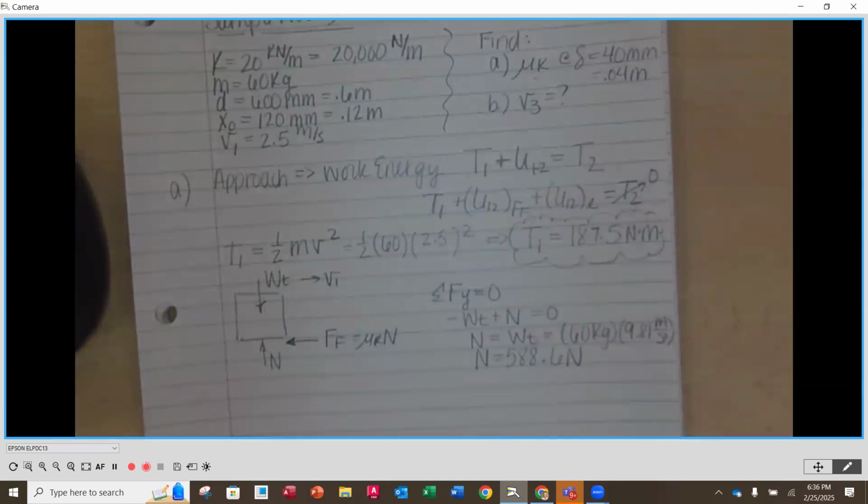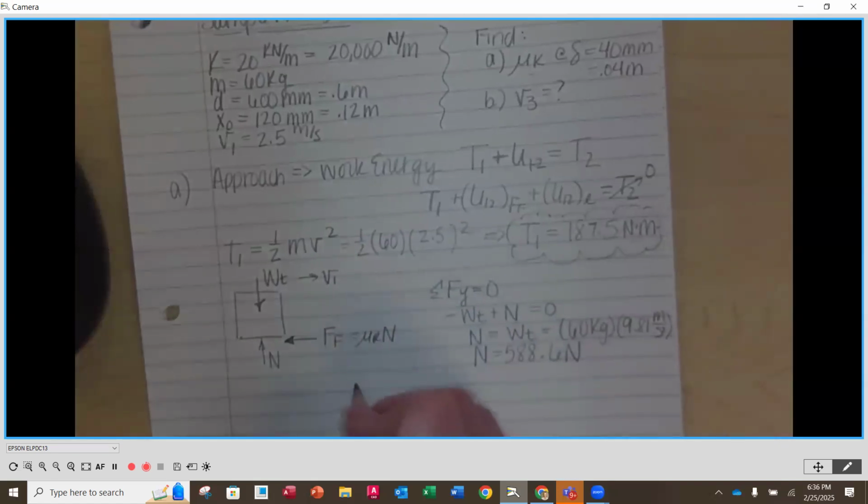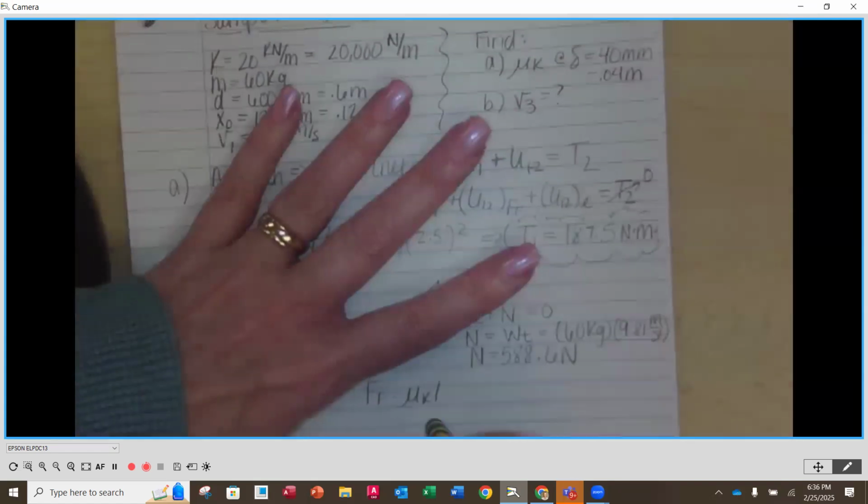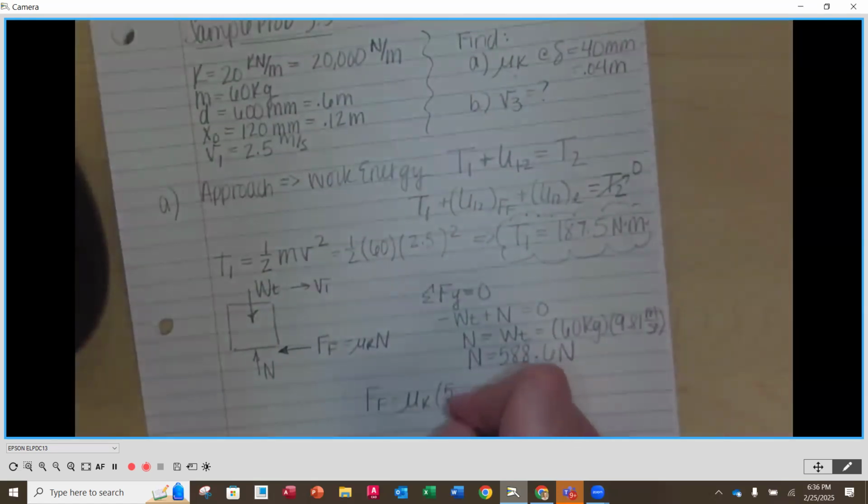Now, that's not what I'm looking for here. I want my friction force. Okay. And I want my friction force because I'm going to be able to use that for the work done by that friction force, or the negative work done. So friction force here then, it's going to be kinetic coefficient times, parentheses here, 588.6 newtons, okay?